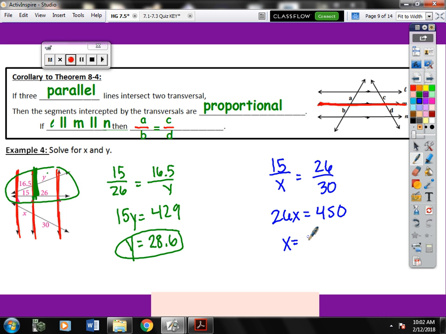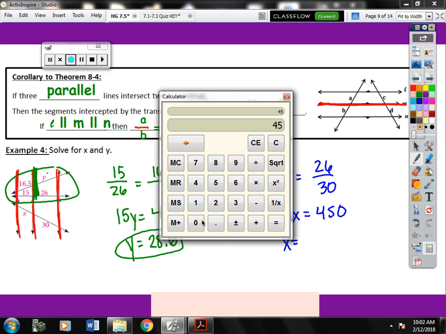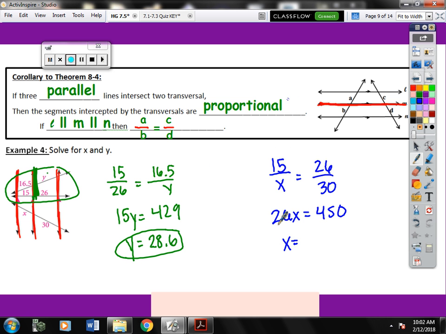And then this one doesn't get us a nice decimal. So since this is coming out to be some crazy decimal that doesn't terminate, and we're not asked to round, we would want to leave this as a reduced fraction. So this is 450 over 26.